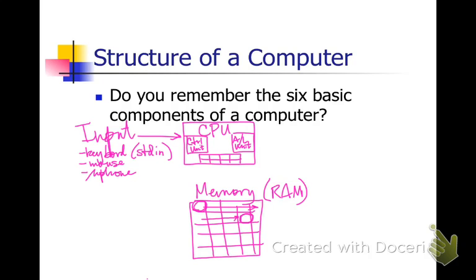How about when I type something? Let's say I'm typing a letter. How can I tell that what I'm typing is actually what's getting recorded? Well, I have a series of output devices.